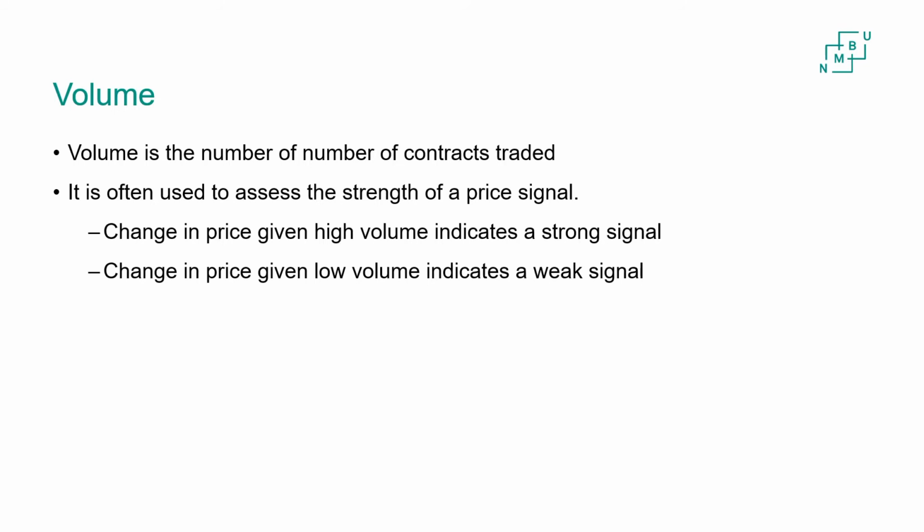So if you have a price going in either direction, up or down, but the volume is low, then this is a weak signal, indicating that the trend will not continue. Whereas if you have a price move on a high volume, then that would indicate a strong signal that the trend will continue.